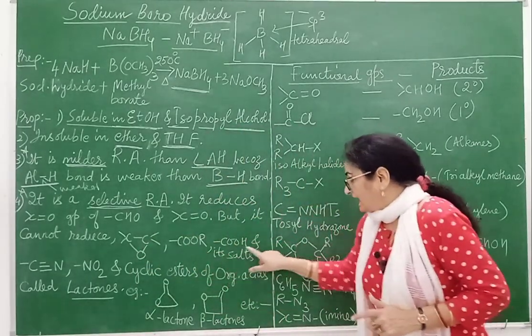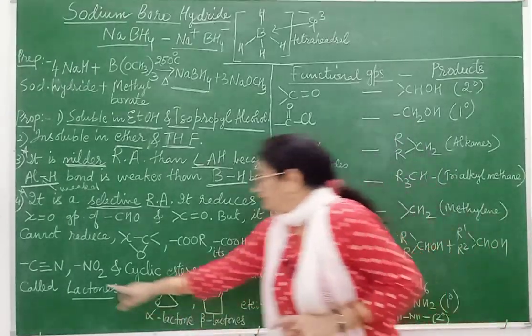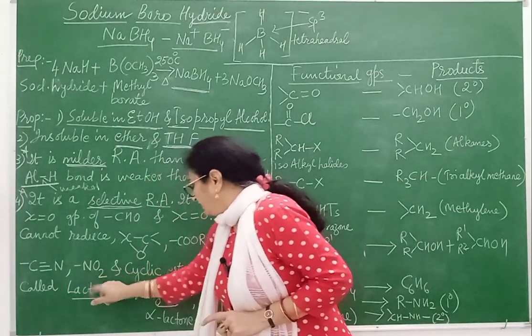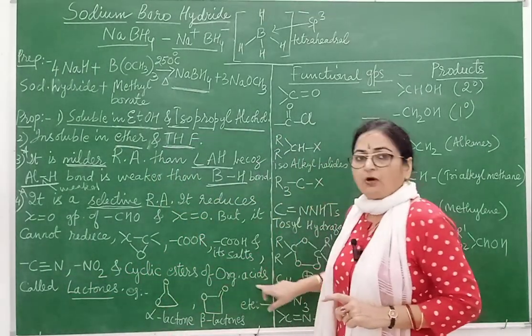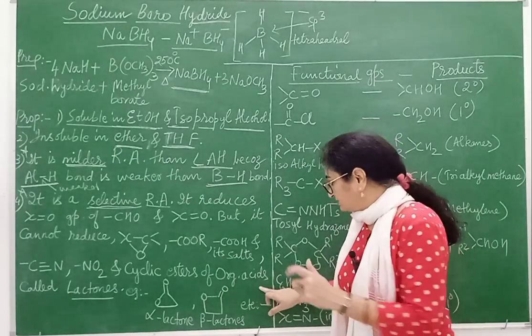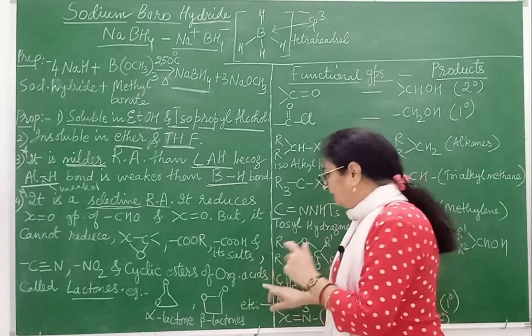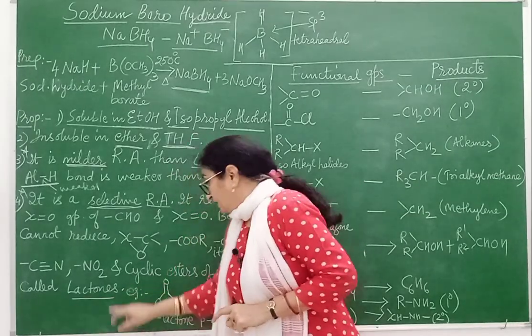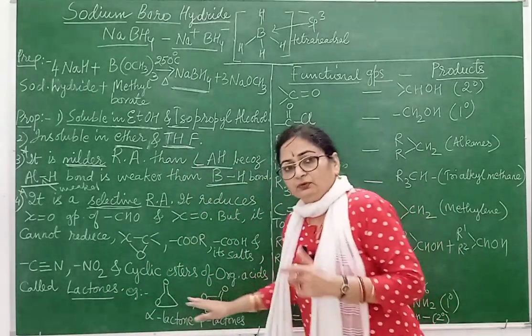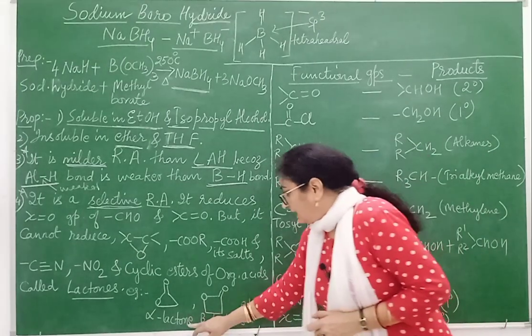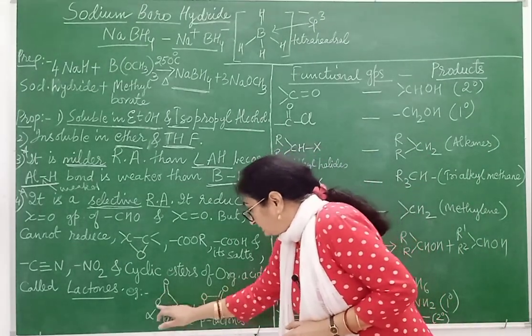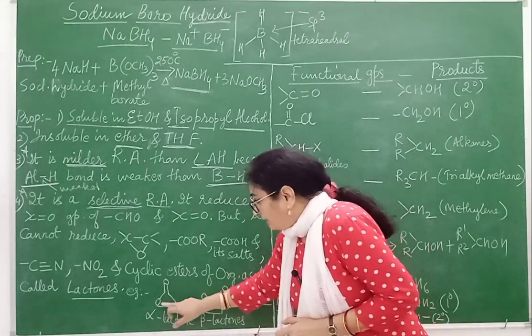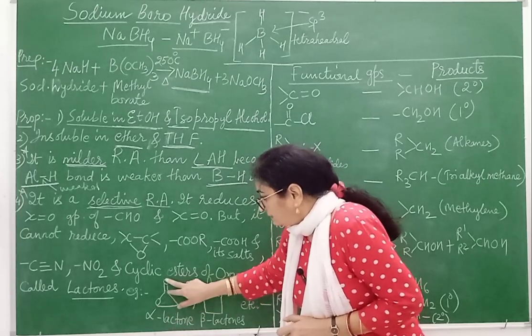It also cannot reduce esters, acids, their salts, nitriles, nitrates, and cyclic esters of organic acids. Cyclic esters of organic acids are also called lactones. I have taken only 2 examples. Alpha lactone has a triangular structure, with one oxygen atom and one carbonyl group.